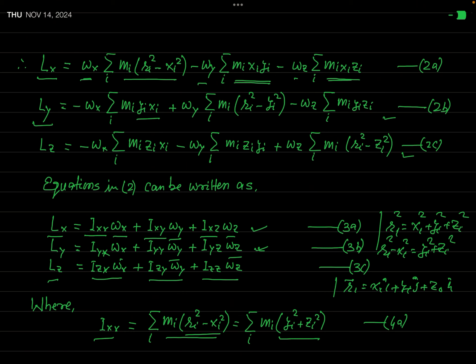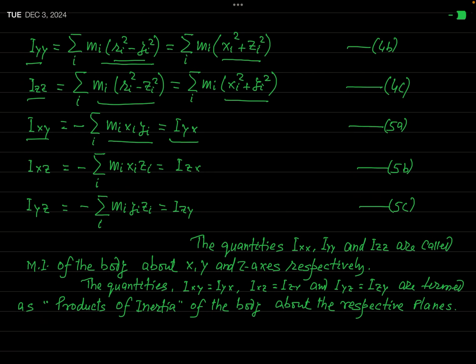But there is no difference between the product of xi yi and yi xi. So I have written here that this Ixy is also equal to Iyx. And in a similar manner, you can see Ixz is defined as minus summation over i of mi xi zi, and that is also equal to Izx. And Iyz is equal to minus summation over i of mi yi zi, and that is also equal to Izy. Okay?